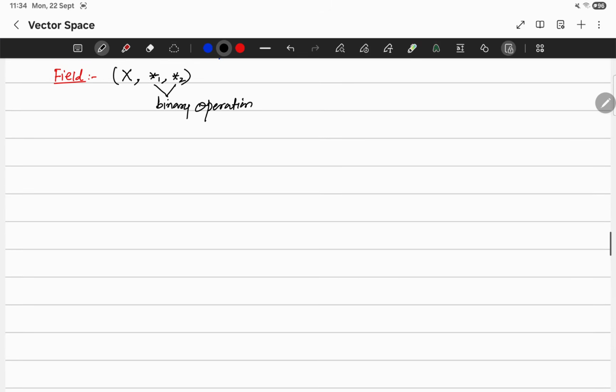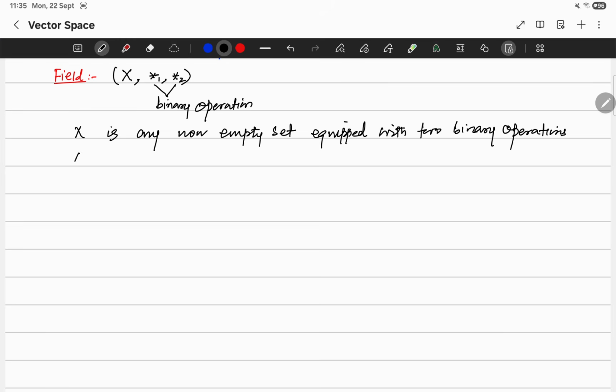So a field X is any non-empty set equipped with two binary operations *1 and *2 such that the following conditions hold. What are those conditions?